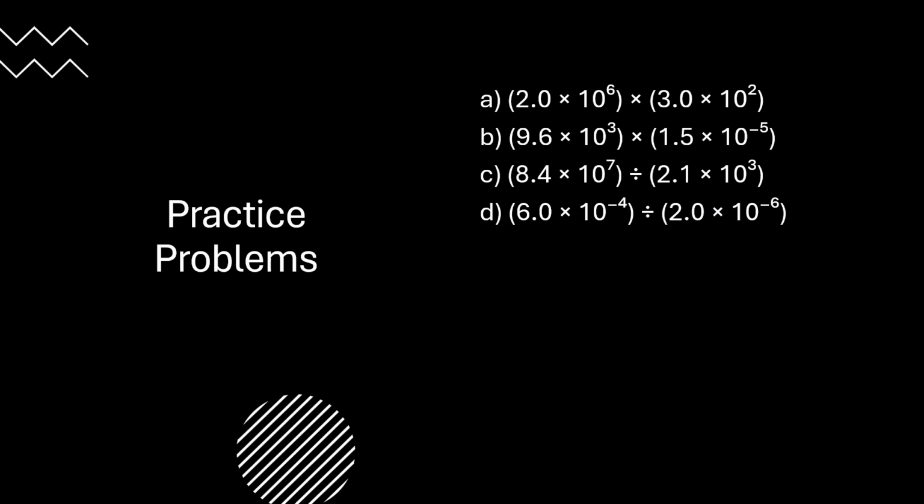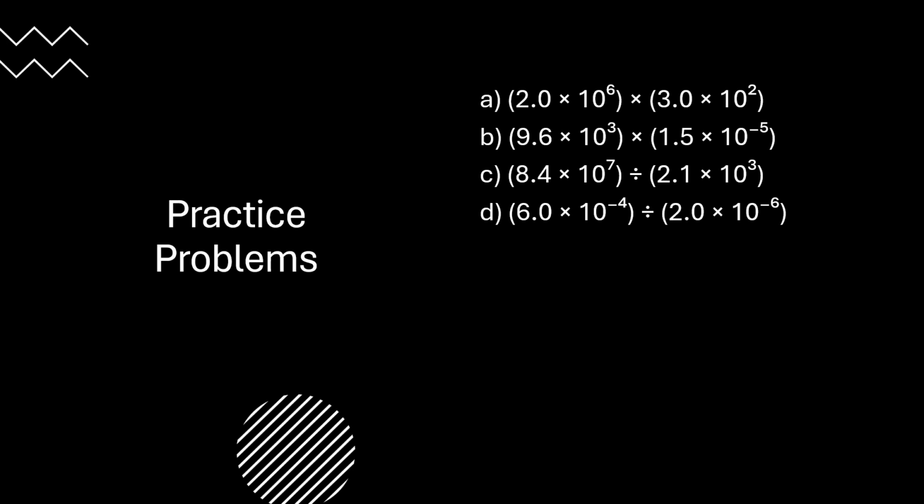All right, now next we have 4 items as your practice problems. You are going to multiply or divide the scientific notations. Item letter A, 2.0 times 10 to the 6 times 3.0 times 10 to the 2. For letter B, 9.6 times 10 to the 3 times 1.5 times 10 to negative 5.